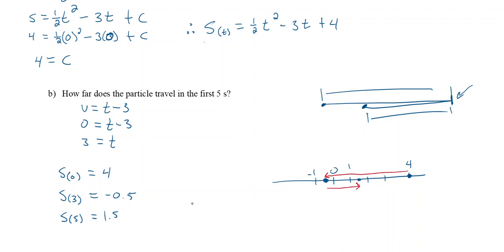All right, so if I want my total distance, then that's just going to be my 4 minus negative 0.5, just to get the distance, my top red arrow there. Okay, and then plus this distance, which is going to be just 1.5. So my total distance here would just be 6 meters.